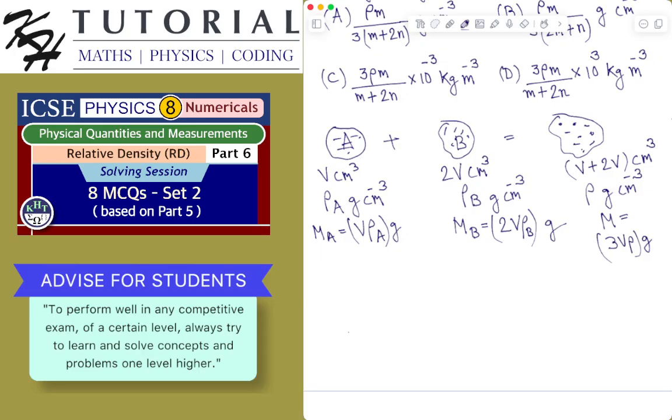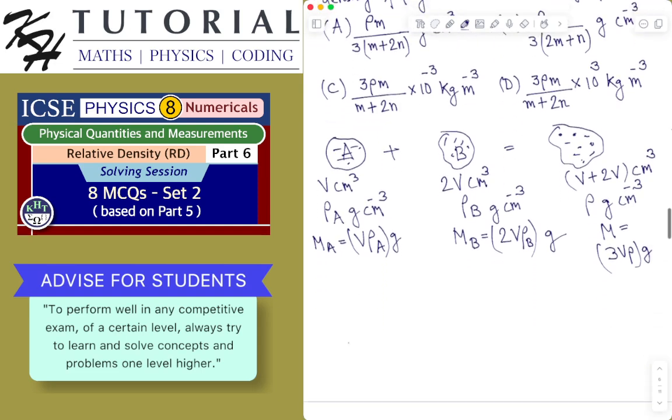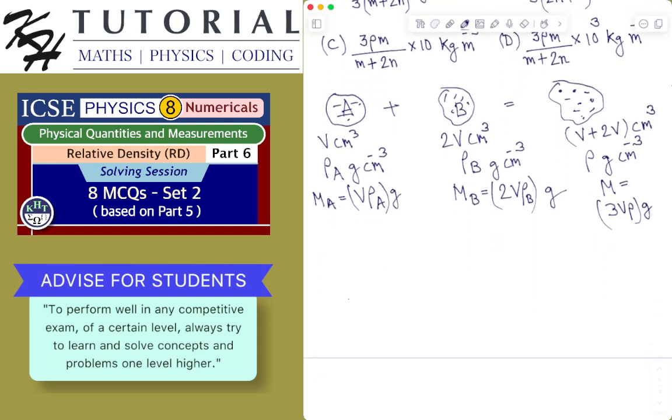Now, also note that the ratio of the relative densities of the liquids A and B is given to be M is to N. What will be the relative density of liquid A?